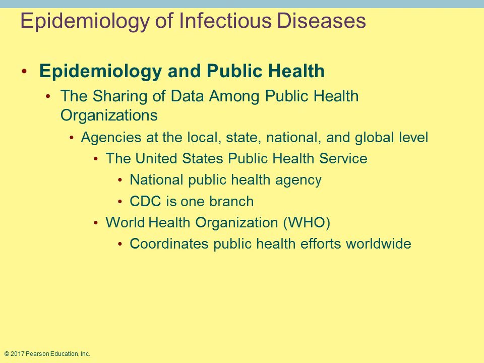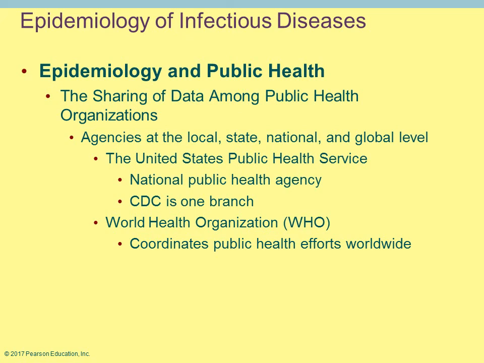In terms of agencies that are dealing with epidemiology and overall public health, each state has its own epidemiologists, as I said earlier, in public health departments. They report information coming from the state. On a national level, there is the Federal Public Health Service.